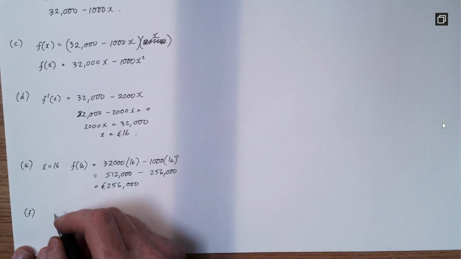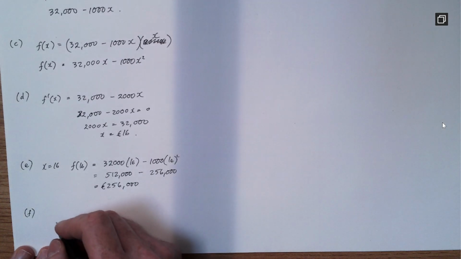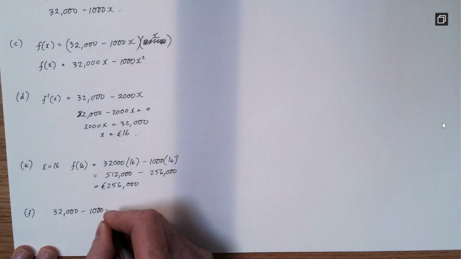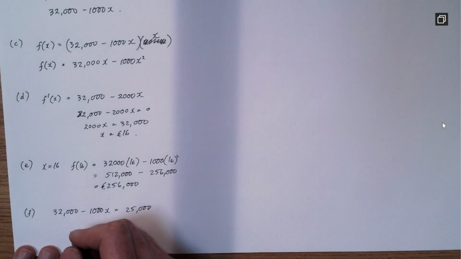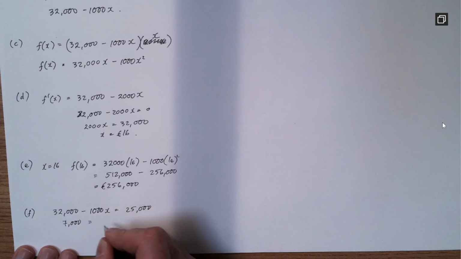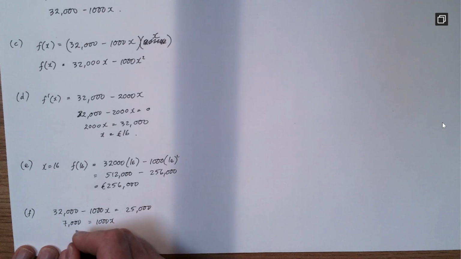So we set 32,000 minus 1,000x equal to 25,000. So 1,000x equals 7,000, so x equals €7. That's the price to take it at full attendance.